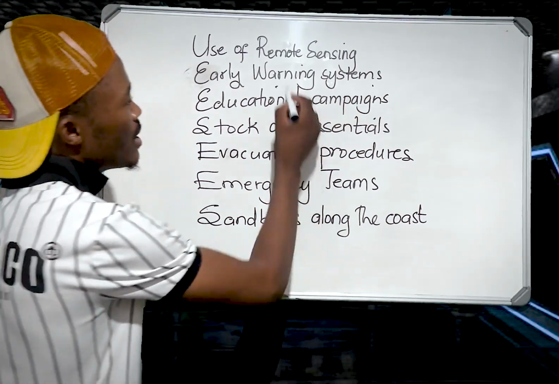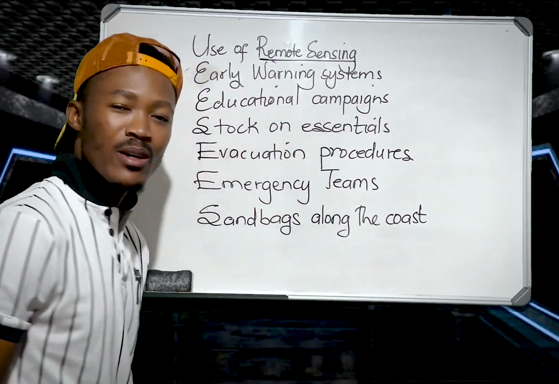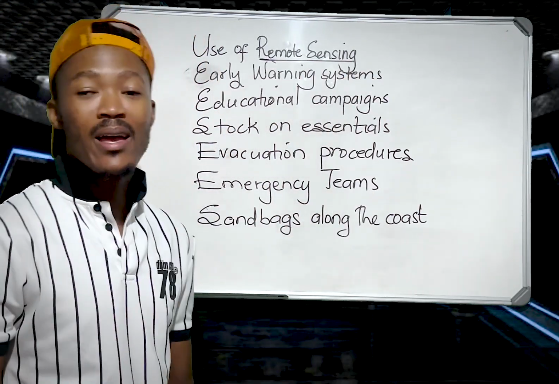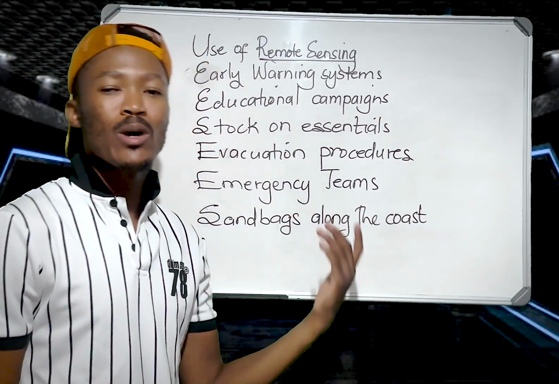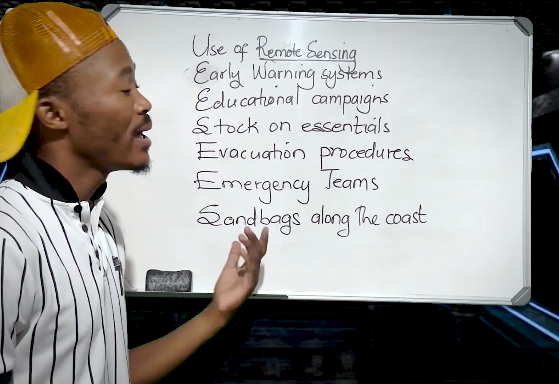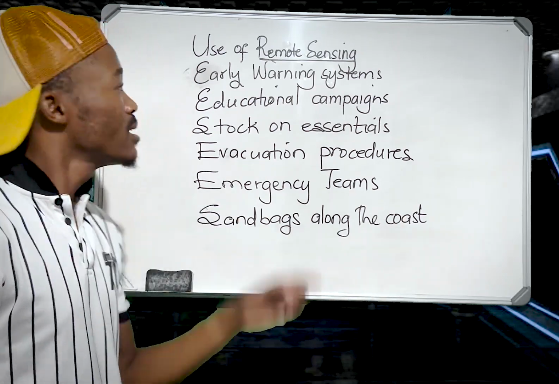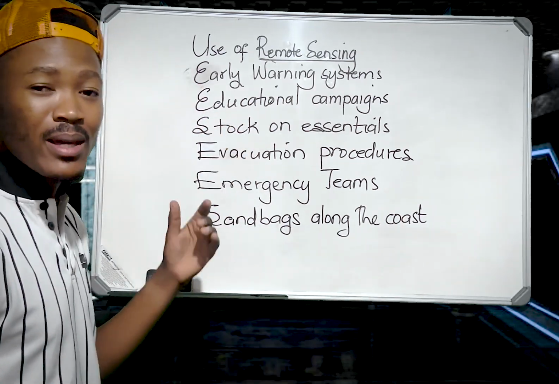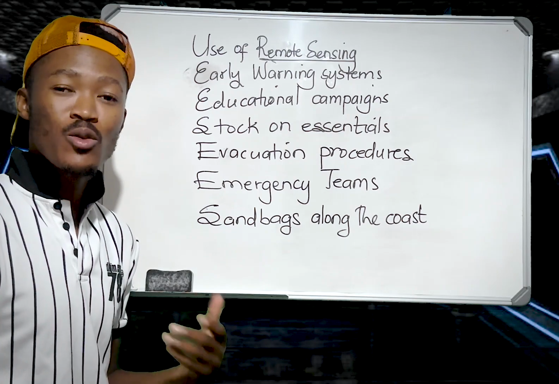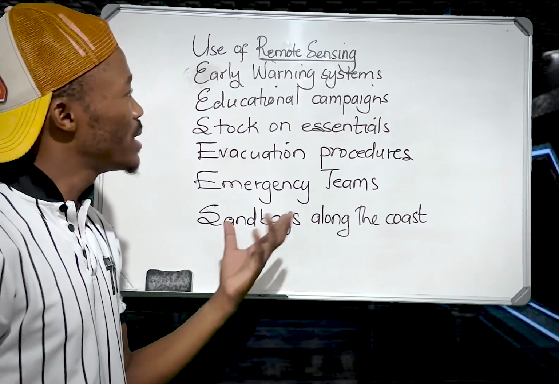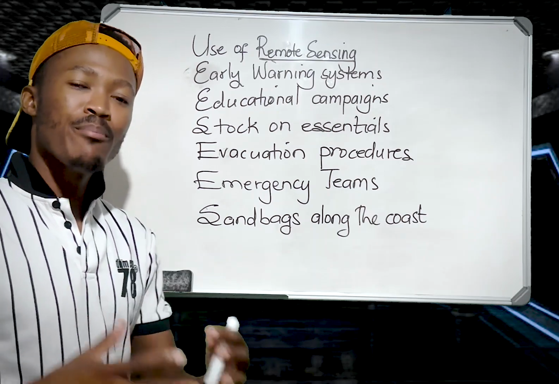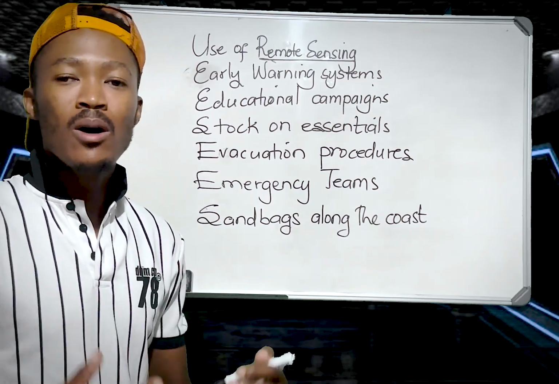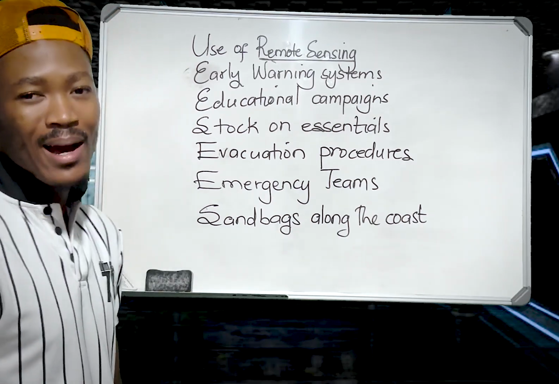Firstly, we may use remote sensing. If you recall in your GIS, your map work, remote sensing is whereby we collect information about the Earth from a distance. These systems are able to assist us to track the movement or the possible path of the tropical cyclone so that we may prioritize areas that need more help as opposed to others.